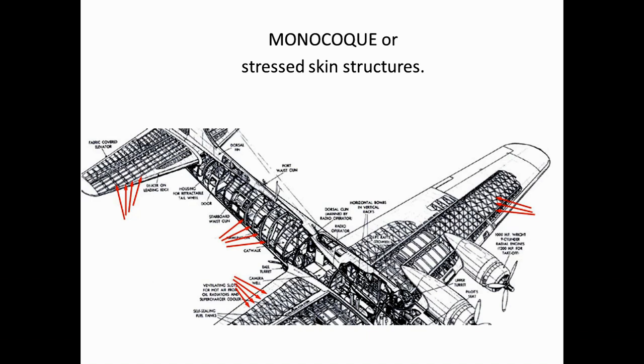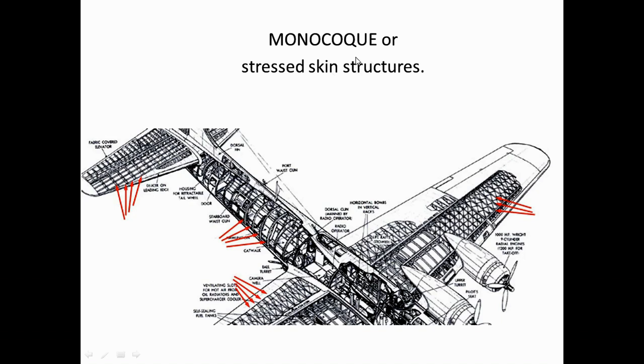Not uncommonly, architectural technology borrows from other industries, particularly industries that are very good at designing efficient, lightweight structures. So we look to Formula One, we look to yachting, and we look to aircraft structures. And all of those use this principle here. It's called the monocoque principle.